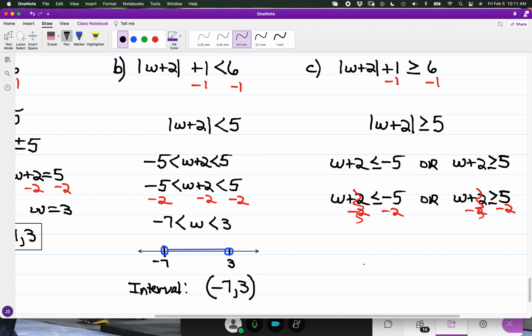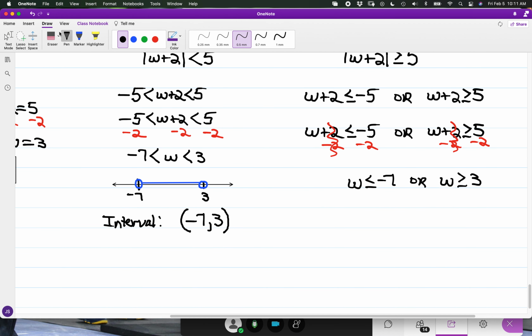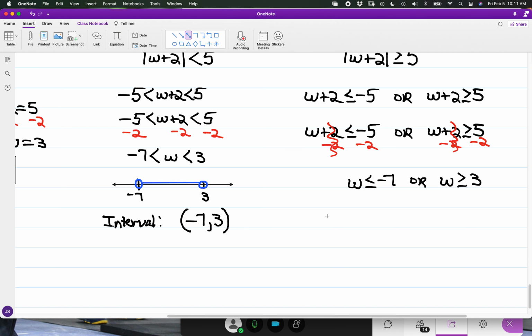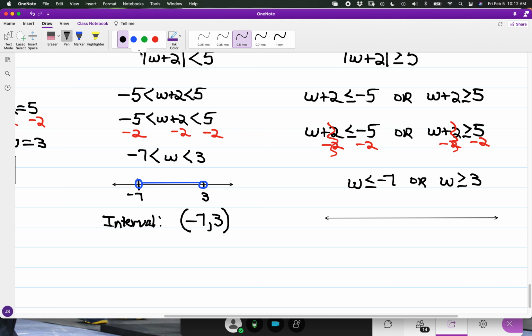We're going to have that w is less than or equal to negative 7, or that w is greater than or equal to 3. And looking at the interval notation, after we set up what we have as a graph, and I'm again providing a visual.